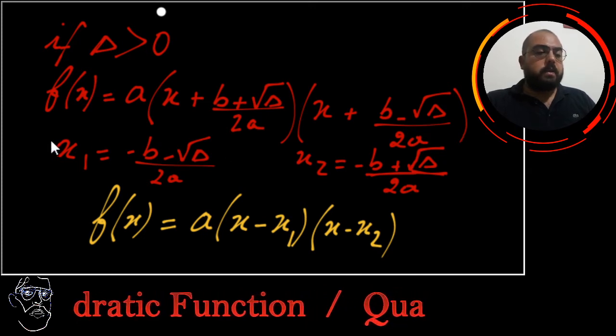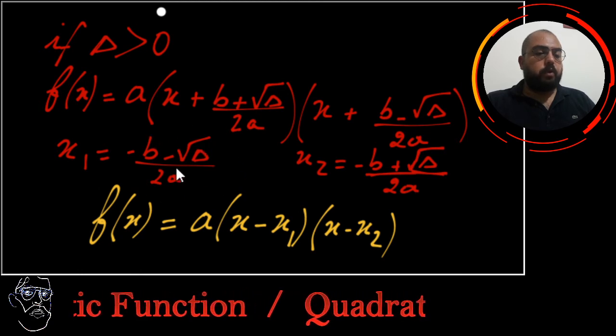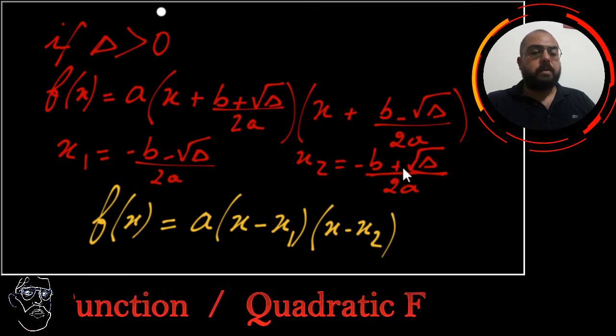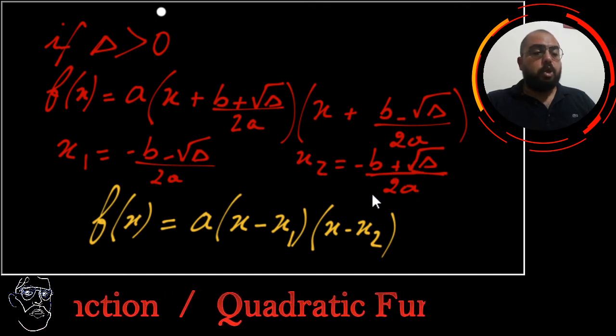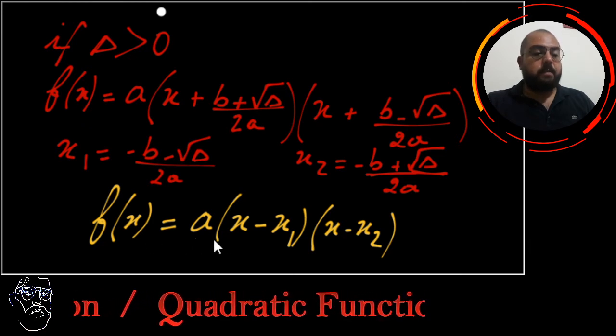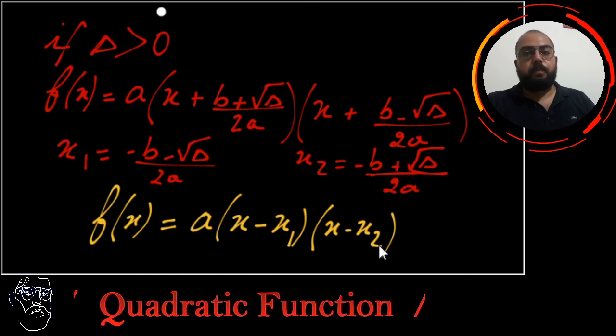I can consider minus b minus square root of delta over 2a as x1 and the second one, minus b plus square root of delta over 2a, as x2. So this function can be written as f of x equal to a times the first factor x minus x1, times the second factor x minus x2.